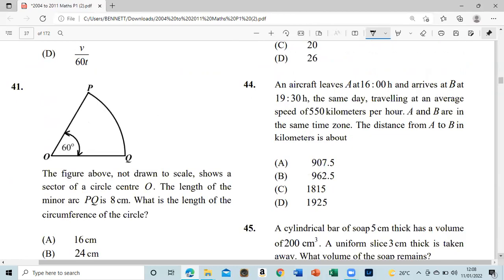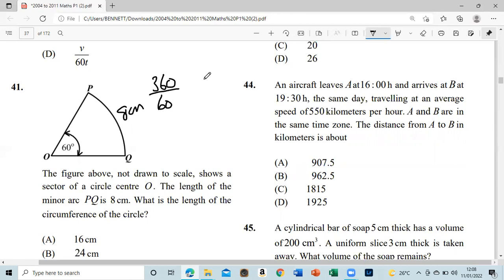The figure, not drawn to scale, shows a sector of a circle, center O. The length of the minor arc PQ is 8 centimeters. What is the length of the circumference? All right, I was discussing this with my students. If you have 60 degrees right here, one entire circle will be 360. So how many 60s can we get out of 360?